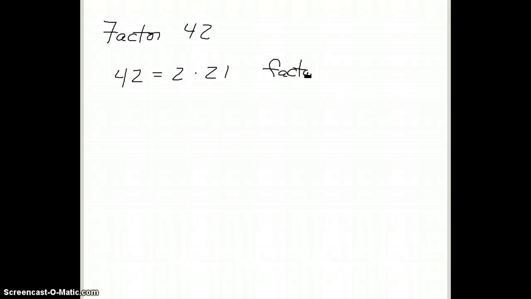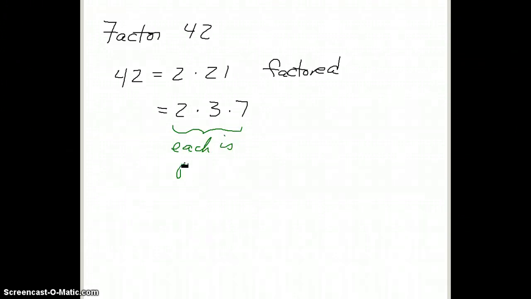Let's factor the number 42. All right, so I take 42. I know 2 divides into it because it's an even number. So that would be 2 times 21, and certainly that is factored. But 21 factors, so I could write 2 times 3 times 7. Now notice that each one of these is prime.